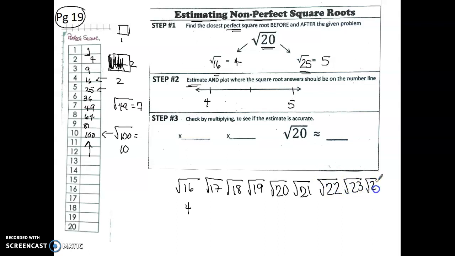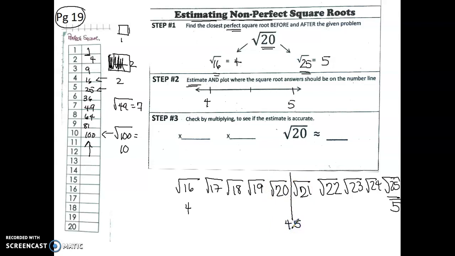There are all these numbers that lie between these two perfect squares, 4 and 5. Well, 20.5 is exactly halfway, so the square root of 20.5 is going to be about 4.5.